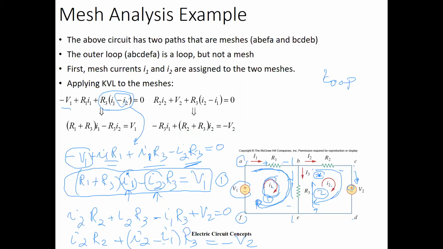So I have here minus I1 R3, and then plus R2 plus R3 times I2.